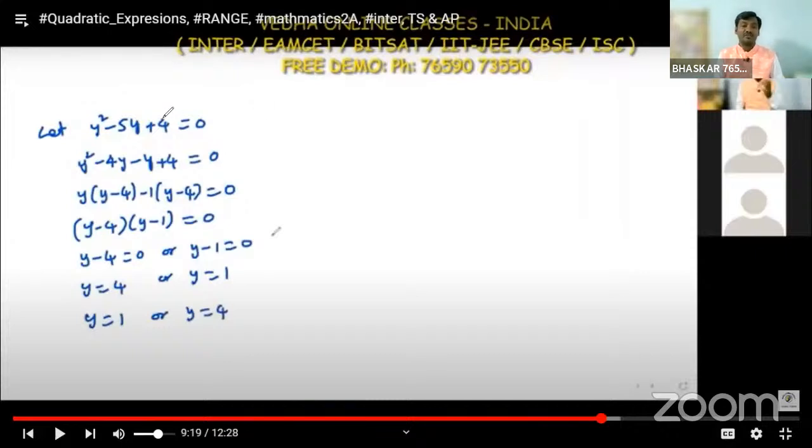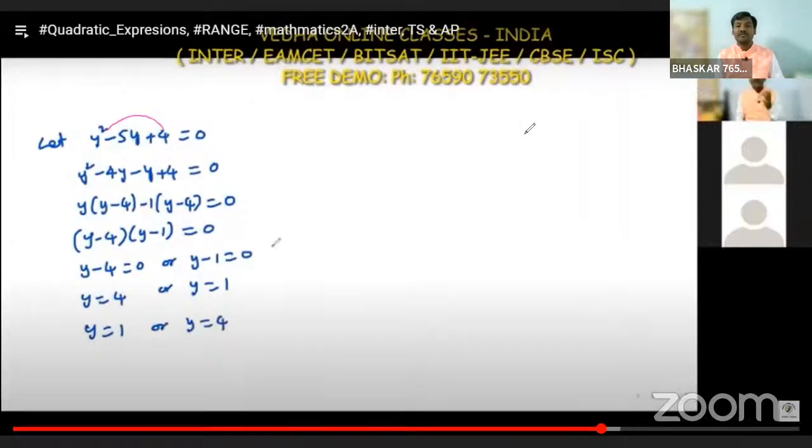4y square: the factors are 1 into 4 or 4 into 1. I want 5 in the middle, so minus 1 minus 4 gives minus 5, minus 4y minus 1y. If you take y common, y into (y minus 4), and minus 1 common, (y minus 4) is common.